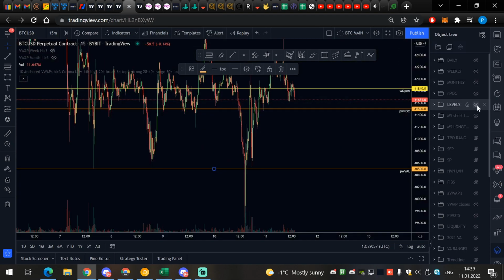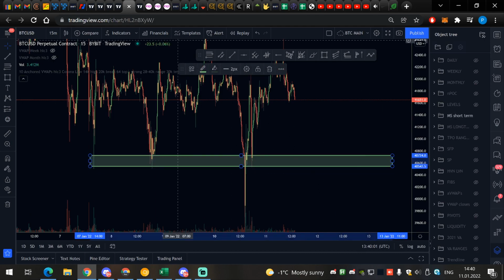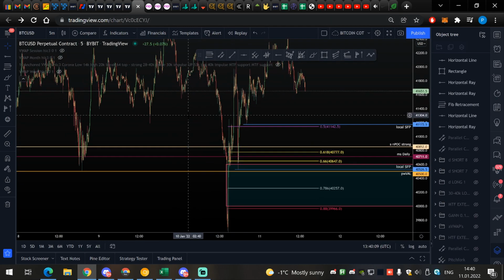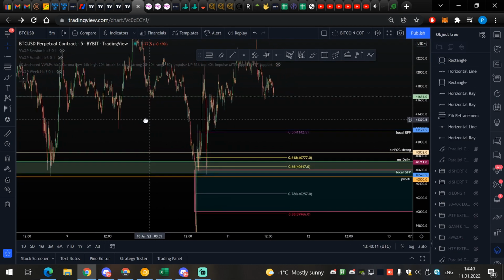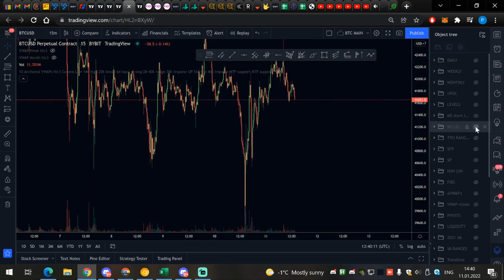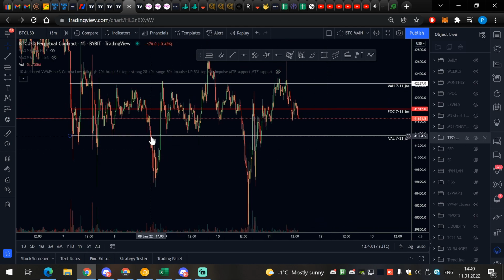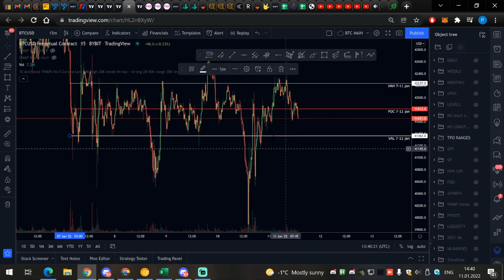Yeah. Short-term market structure support, very good to mark. Good, this is done. Long-term is there. This is our full range VAL, we need it.